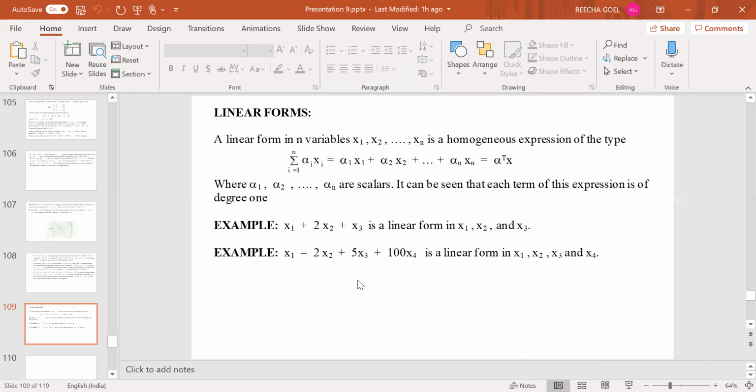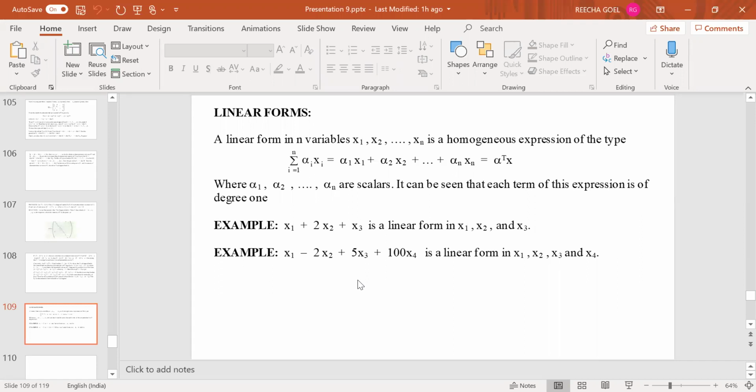So a linear form in n variables x1, x2, xn is a homogeneous expression of the form summation i equal to 1 to n alpha i xi, that is, alpha 1 x1 plus alpha 2 x2 plus alpha n xn, where alpha 1, alpha 2, alpha n are nothing but scalars. They are elements of the field.